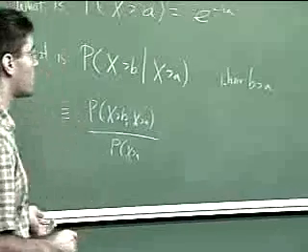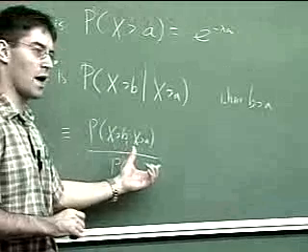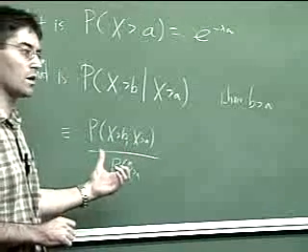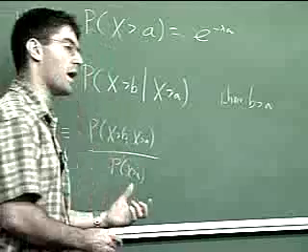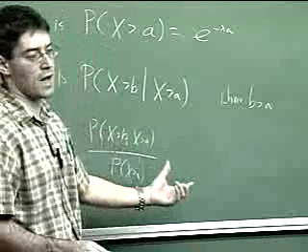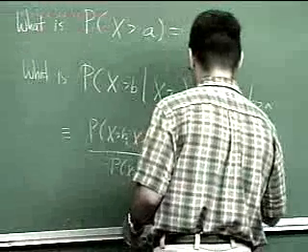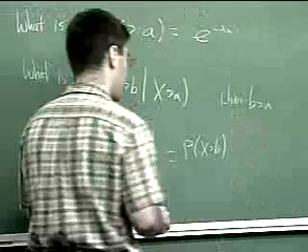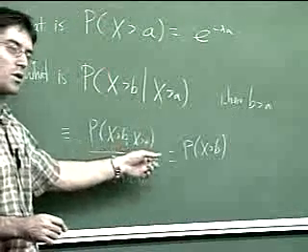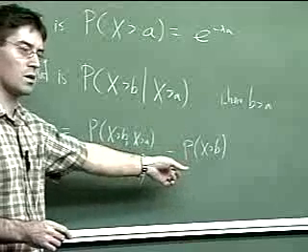Since we know that b is greater than a, X greater than b and X greater than a is just X greater than b. If it's greater than b, it's got to be greater than a. So all you've got to say is X is bigger than b. It's the same probability. Do people follow that? Why X greater than b and X greater than a equals probability X greater than b?